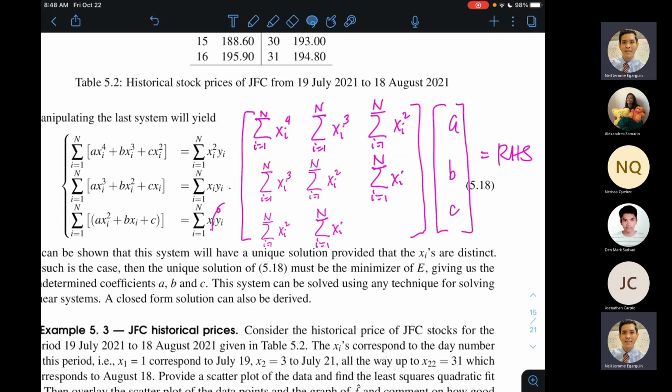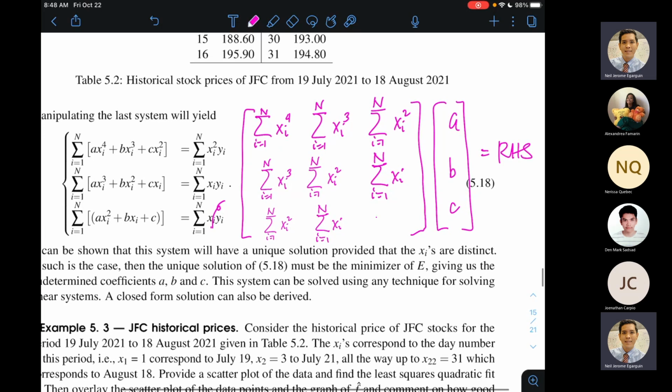And then the last column will be this guy, summation ng C. If I factor out C, so summation ng 1 from 1 to n, and that's going to be just capital N, right? So ito yung matrix system para sa equation 5.18.